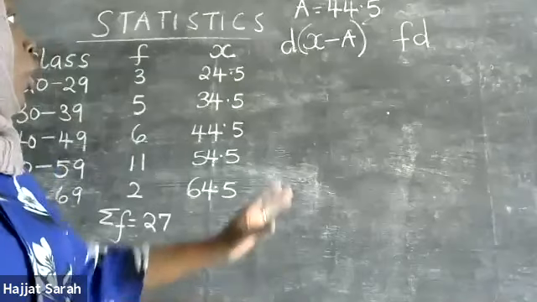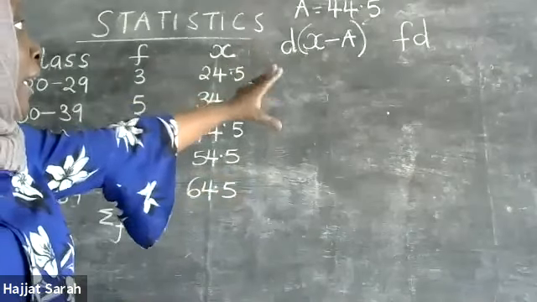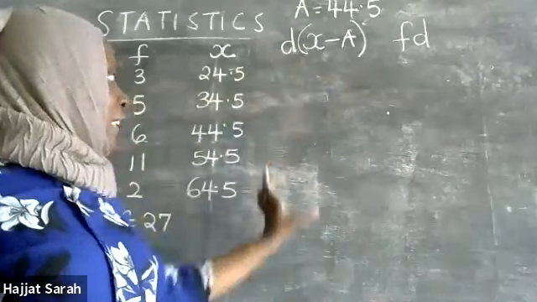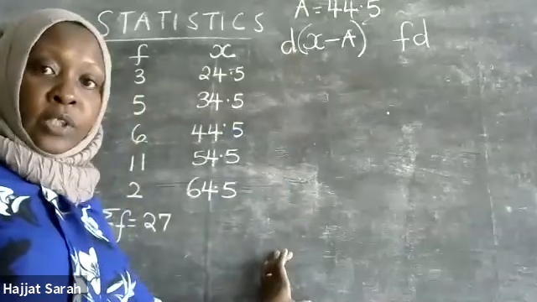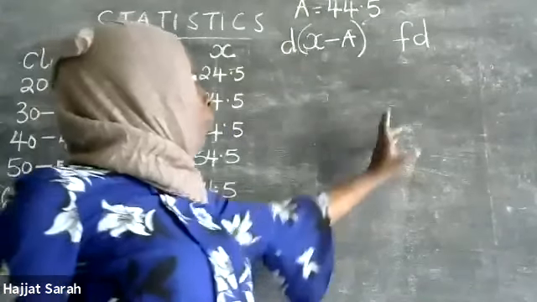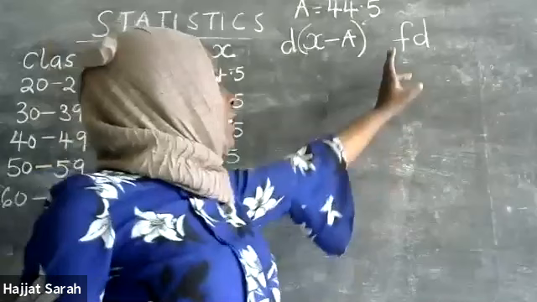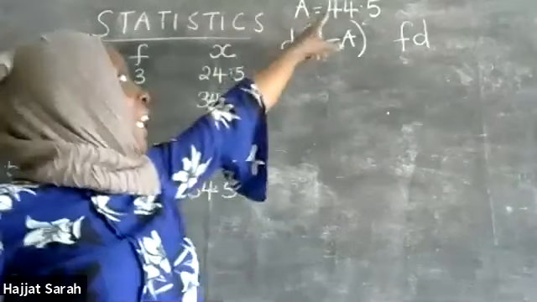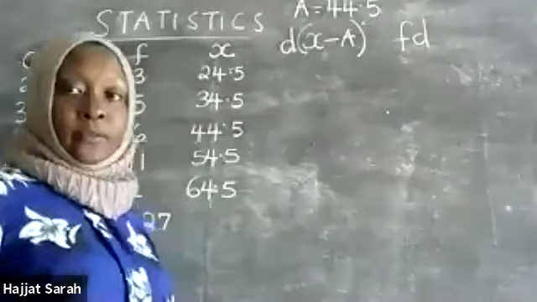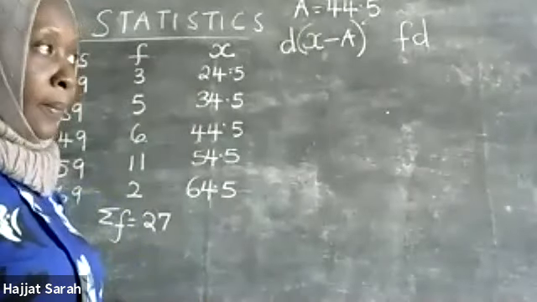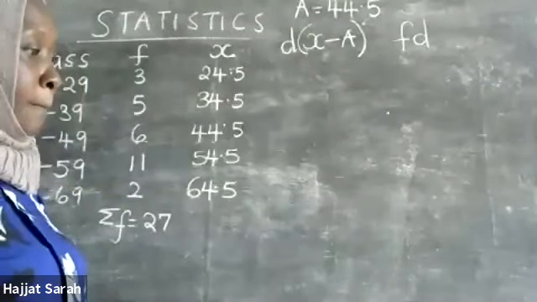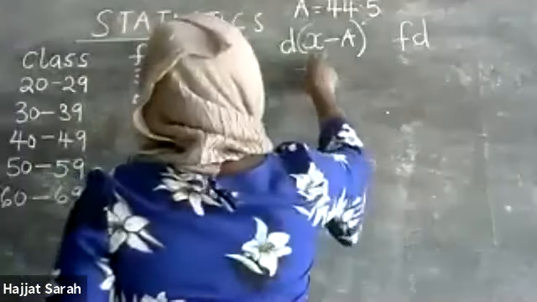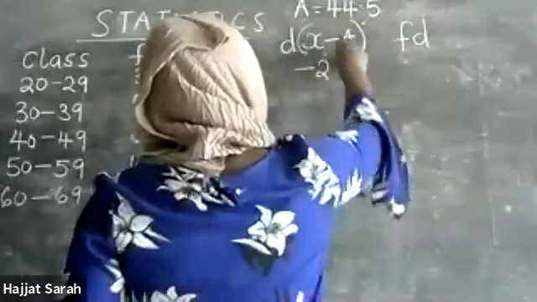Okay, so that is our A. After we create this column D, now we're on the first value here. It will be 24.5 minus 44.5. And what answer do we get here? Negative 20. Very good.